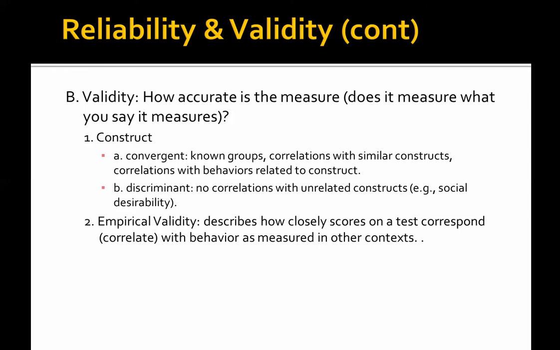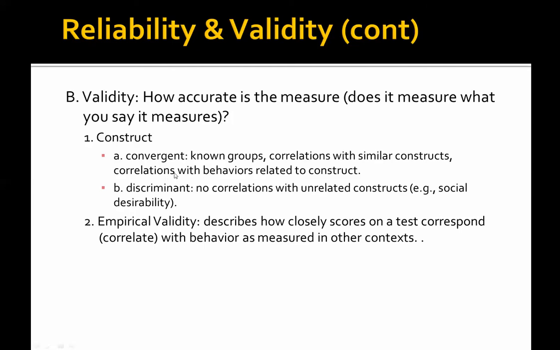We give them the empathy scale, and then maybe we give that scale to convicts. We would expect that the therapists and the social workers would score significantly higher than the convicts on that empathy scale. Oftentimes the evidence that you see is correlations with other similar constructs or similar measures.